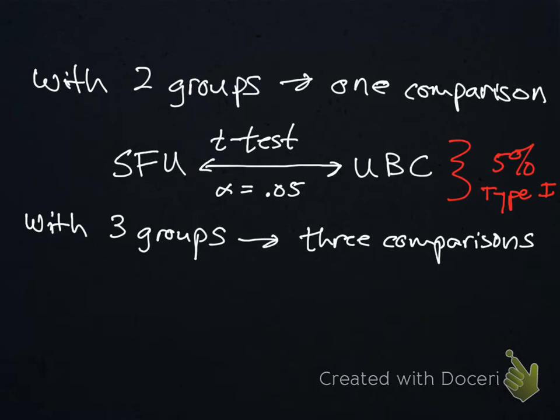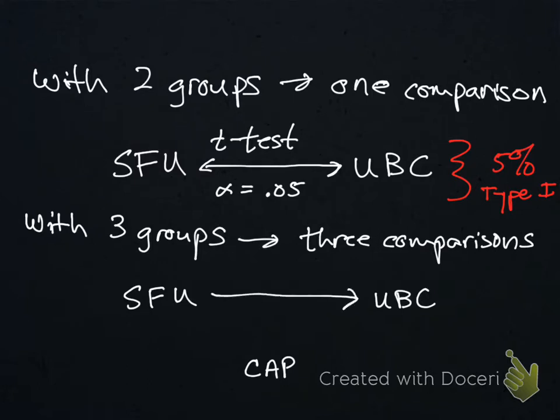So for SFU, UBC, and we'll add CAP, again for Capilano, why don't I just run 3 separate t-tests, such that I would compare SFU to UBC, UBC to CAP, and CAP to SFU.